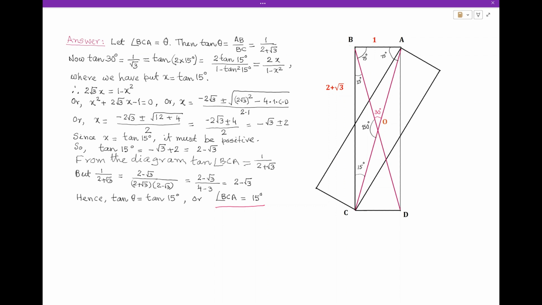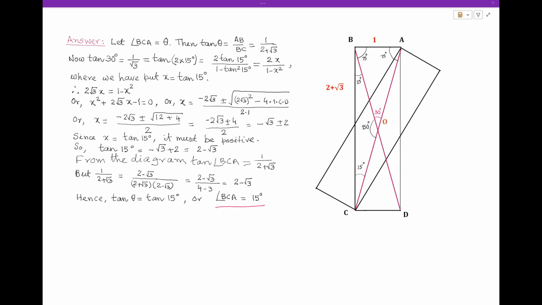Now from our knowledge of trigonometry, we know that tan 30 degree is equal to 1 by square root of 3, and tan 30 degree is also equal to tan 2 multiplied by 15 degrees. So we get tan 2 multiplied by 15 degree is equal to 1 by square root of 3.